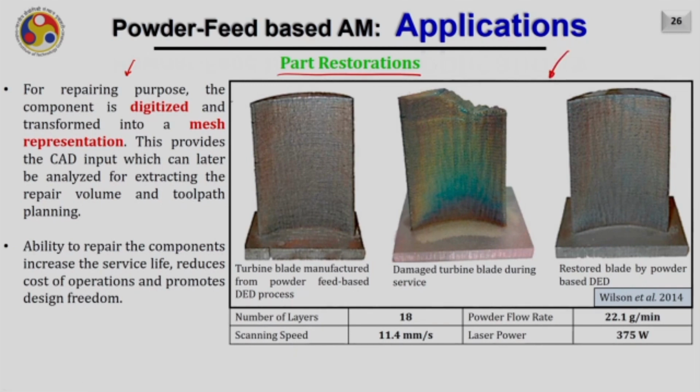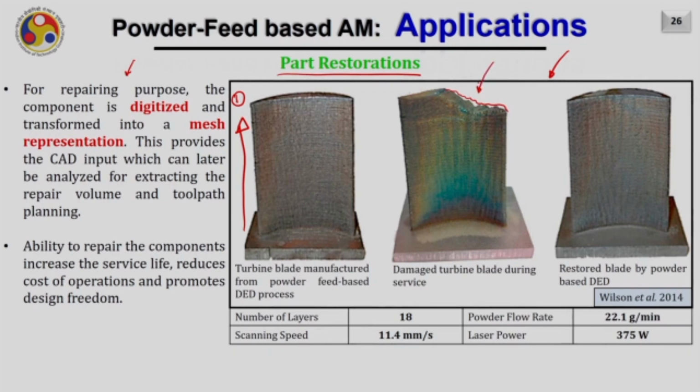As you can see, at the first stage, there is a turbine blade which is completely manufactured by powder feed based additive manufacturing. This is a complete blade. After use, the turbine blade got damaged when its life got over, and the damage is occurring only at this location.